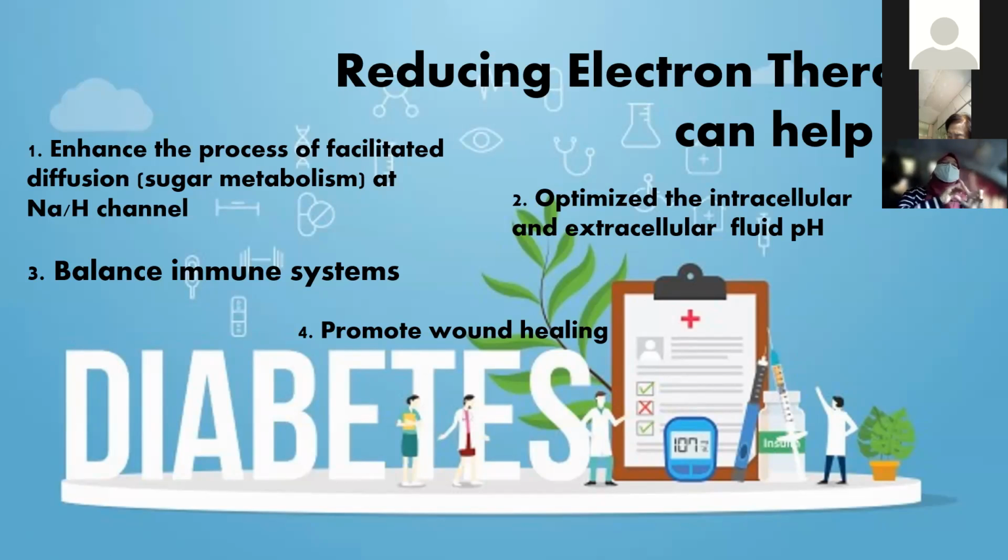Third, balancing your immune system. Again, remember I said just now, immune system will be suppressed, going very low. So this treatment can help to balance back your immune system. And the last one, promote wound healing. That means your wound healing will be faster. So these are 4 major factors that reducing electrotherapy can help most of the diabetes patients.